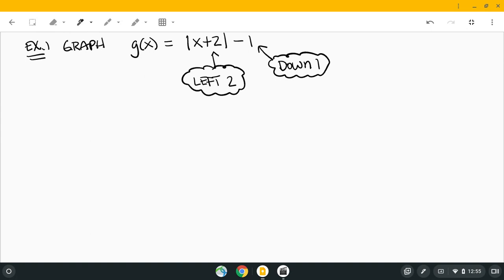Okay, so we know the parent function is this one here, absolute value of x, okay, which is that v function, right? Okay, so let's go ahead and graph the parent function.